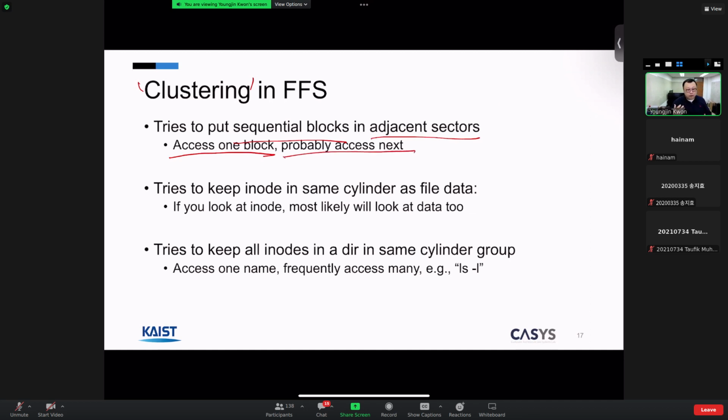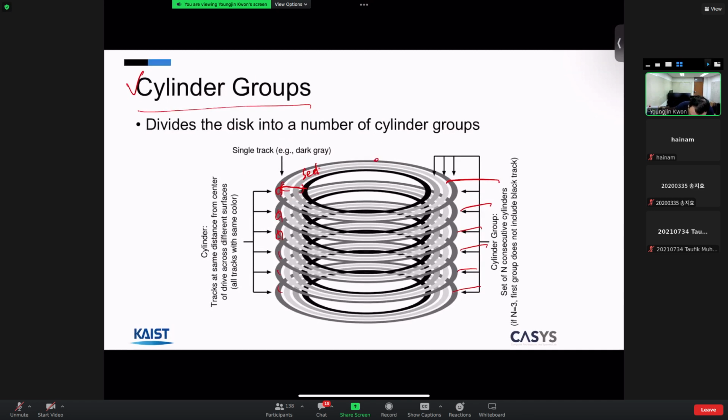To avoid seek time, it tries to keep inode and data in the same cylinder, and tries to keep all inodes in a directory in the same cylinder. Again, as I said, if you type a command like ls -s, the files in the same directory are accessed together. Using this locality, when you allocate the files, you can allocate sectors located in the same cylinder.